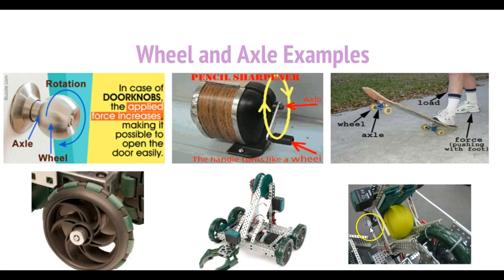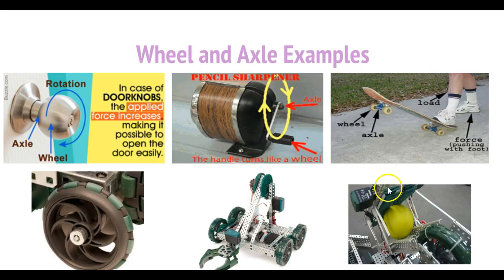And then if you look at our picture over here, this is another example of how we're using our wheel and axle. In this case, we're actually using it to lower and lift an object. We have our wheel and we have our axle, which is underneath our assembly system.